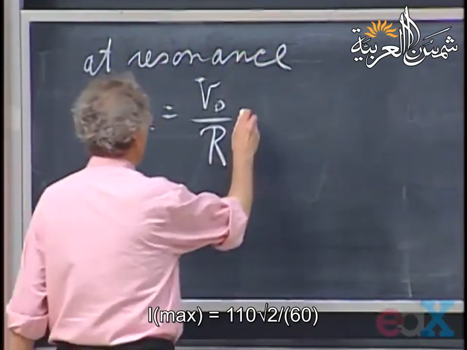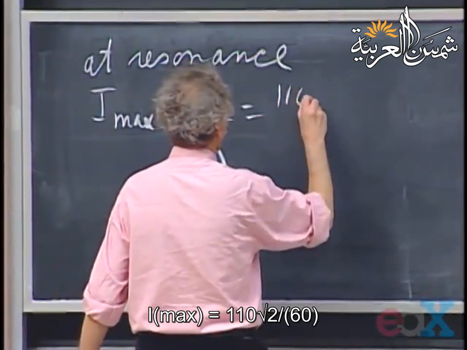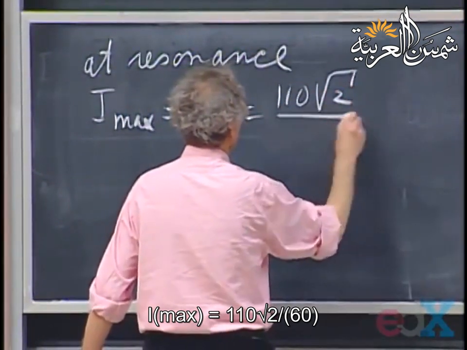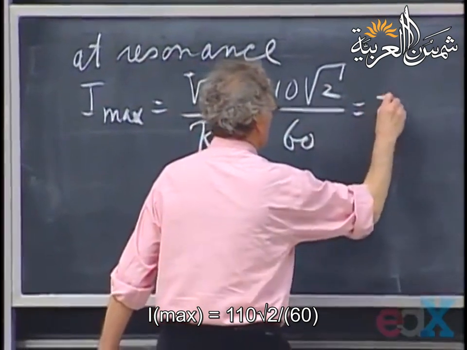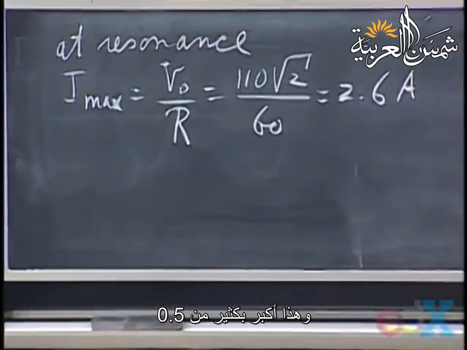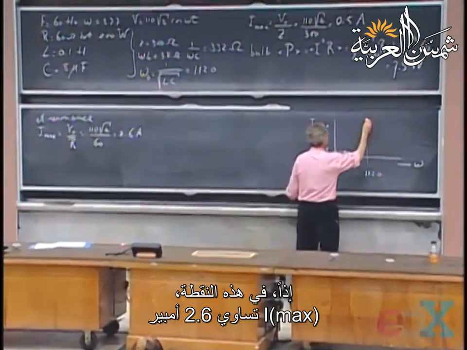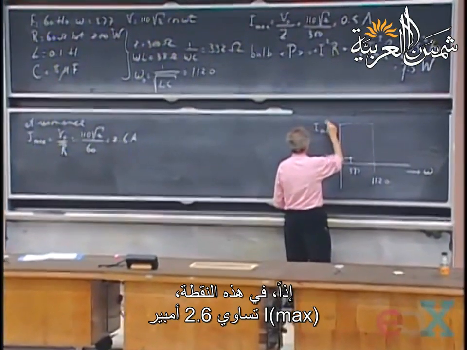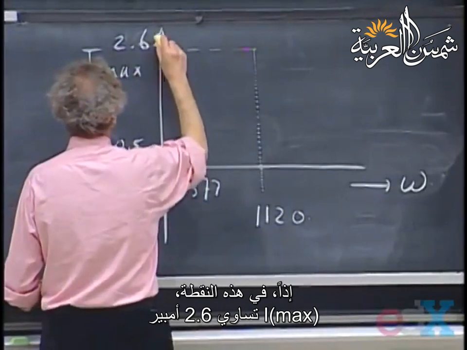And so that would then be 110 square root of 2 divided by 60. But that is 2.6 amperes. That is substantially larger than 1/2. So this value here is 2.6 amperes.